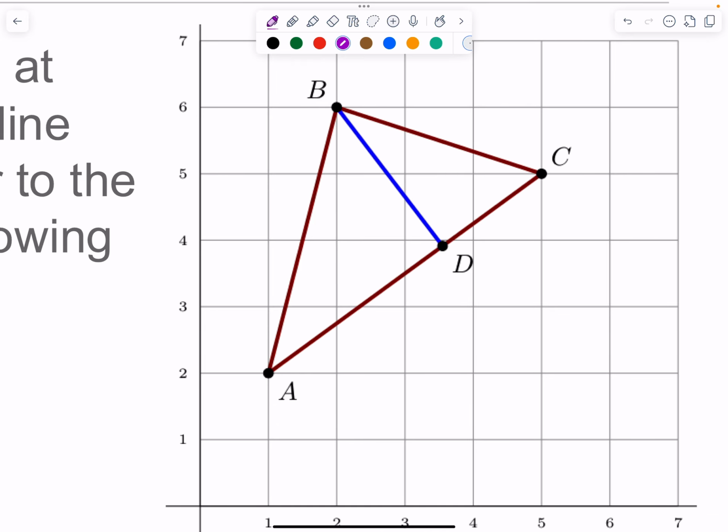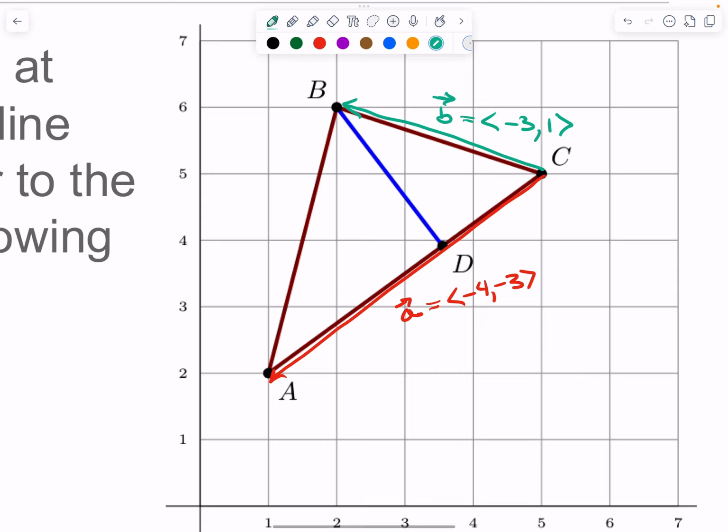Okay, we'll call this vector A, and that's the vector going back 4 and down 3. And then this one here we're going to call vector B, and that's the vector -3 and up 1.